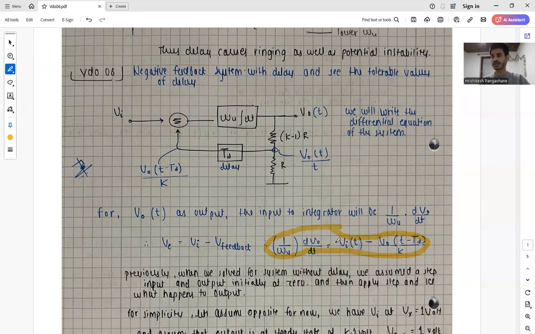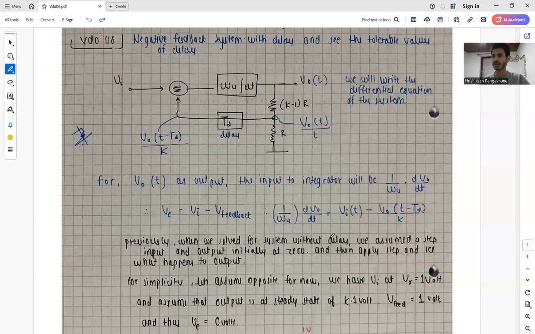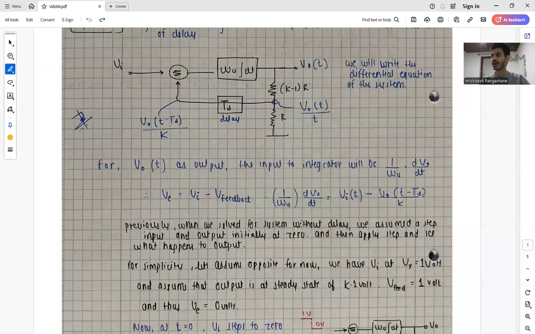Previously, when we solved for the system without delay, we assumed a step input and the output initially at 0, then applied the step and saw what happened to the output. For simplicity, let's assume the exact opposite case for now. Let's say we have our VI as a constant step at 1 volt, and we'll assume the output V naught is already at a steady state of voltage k times V in.